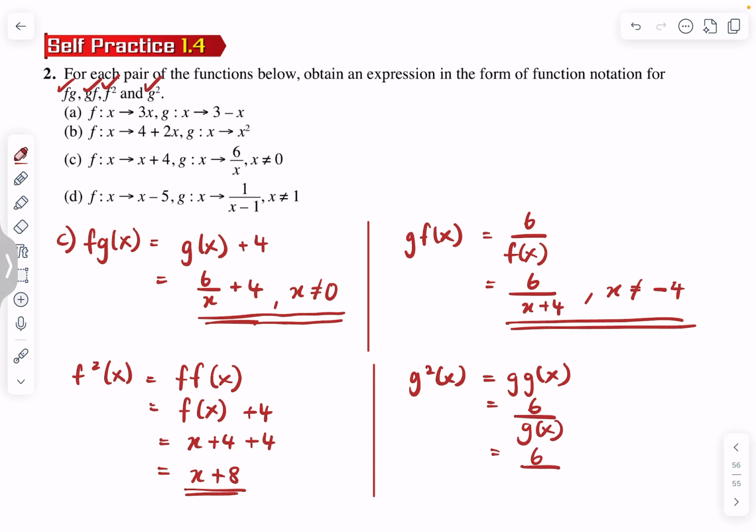So 6 over 6 over x. So this would be 6 divided by 6 over x, which is the same as 6 times x over 6. So this one we can cut, and we will get x. So g squared x is just x. Done.